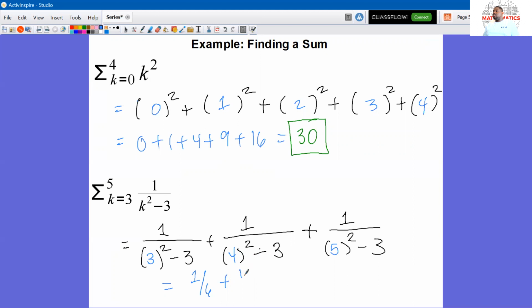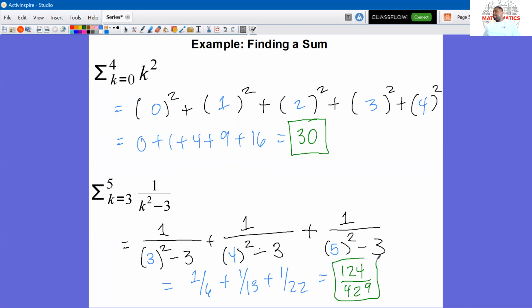This will be 1/13. This will be 1 over 22. And then I'm going to add those together. I get 124 over 429.